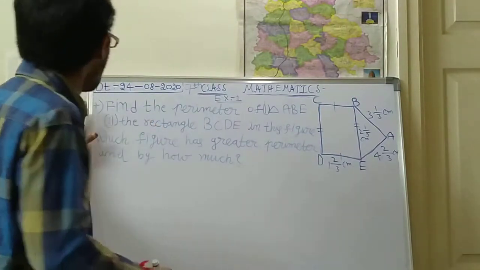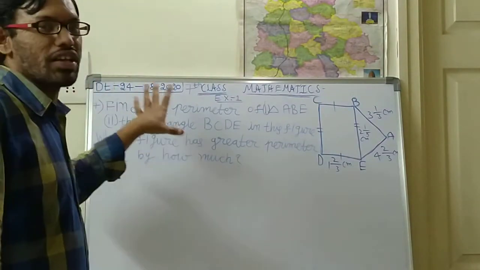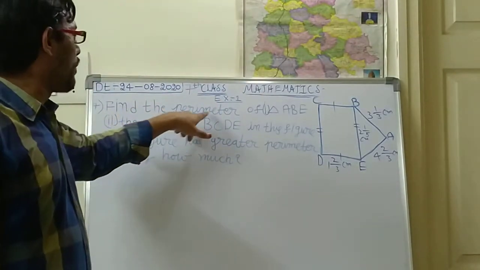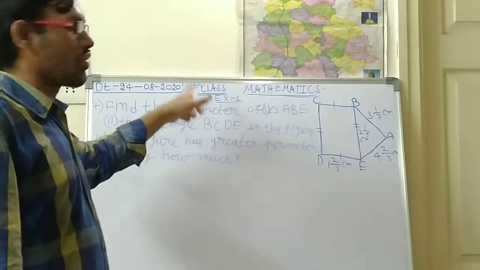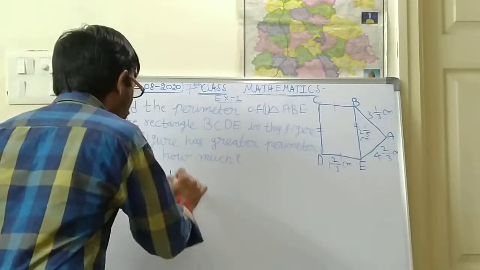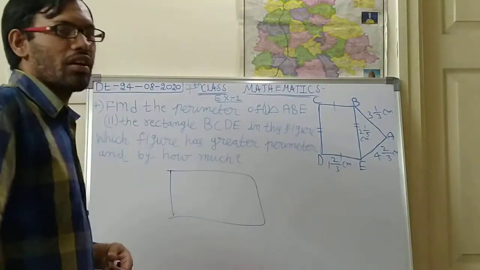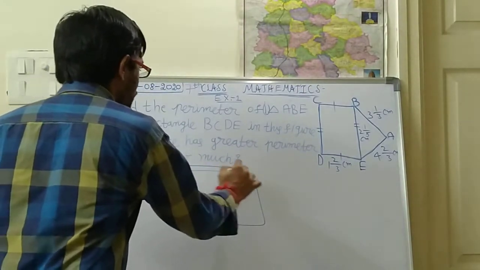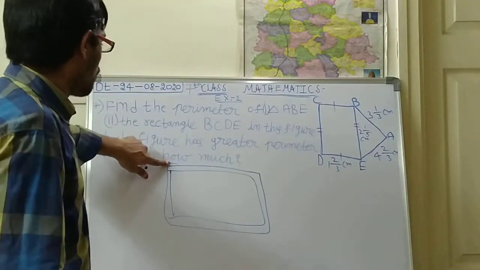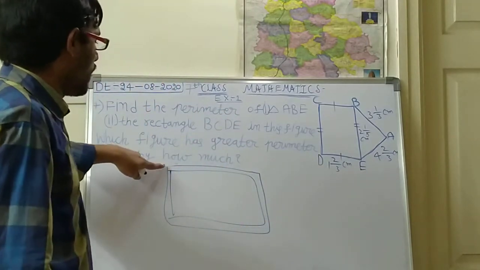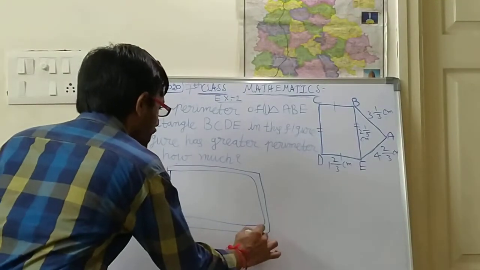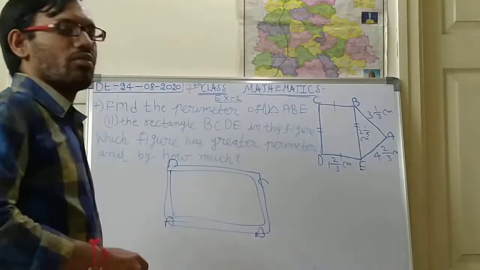First of all we shall understand this problem and figure. First, find the perimeter. What is the meaning of perimeter? If you take any object, perimeter means the border length, the total distance around the border of the object.